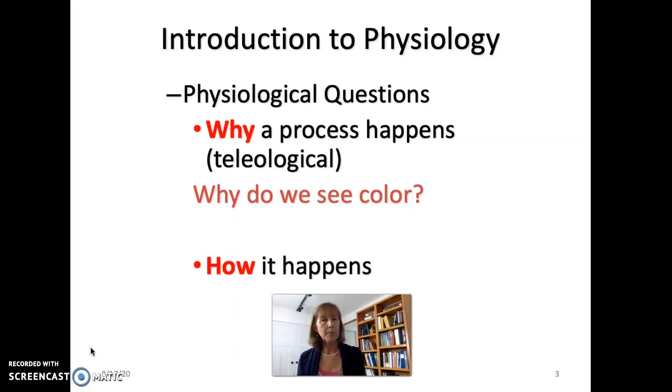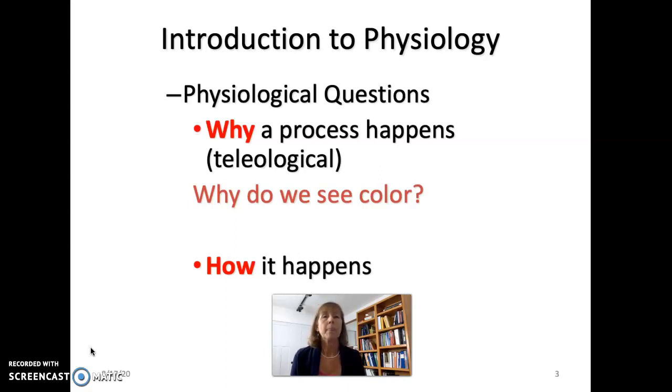So there's the why process and the how process. Think about that for a minute. The how is the mechanistic part of it. It's like, how do we see color? Well, we have these pigments in the eye, and light is going to break down the pigment. We're going to form an image in the back of the eye. That's how it happens. Why it happens is a completely different question.